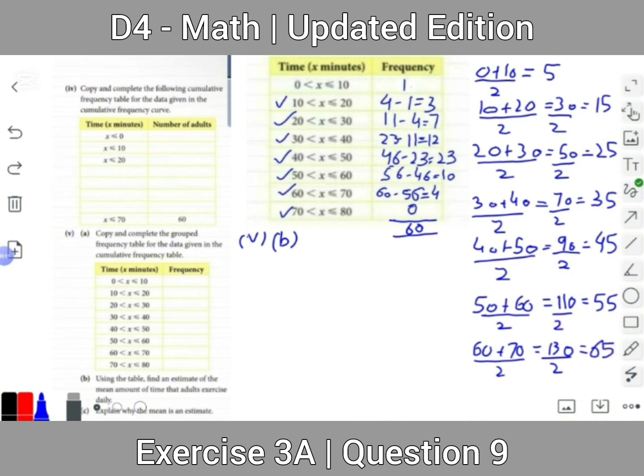Now for the last class interval, the mid value can be found by 70 plus 80 divided by 2, which equals 150 divided by 2, and it equals 75. So these are the mid values.